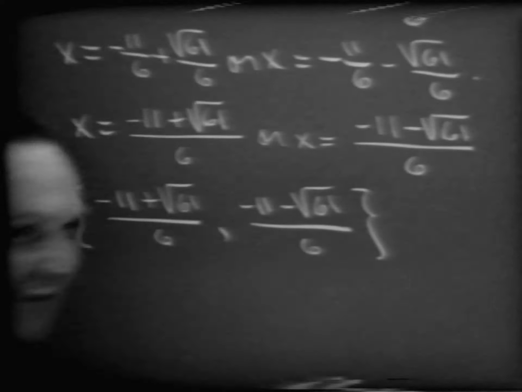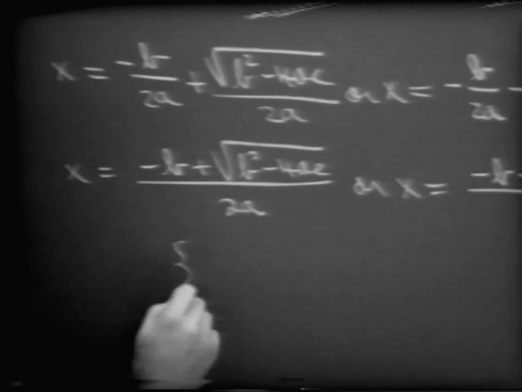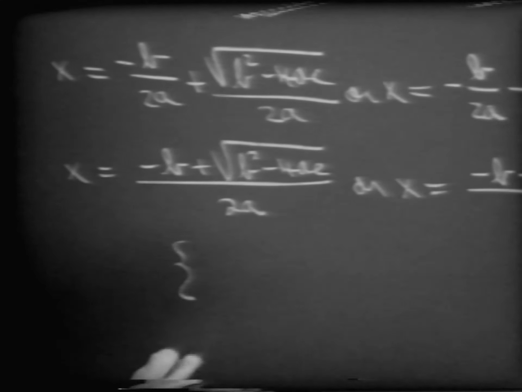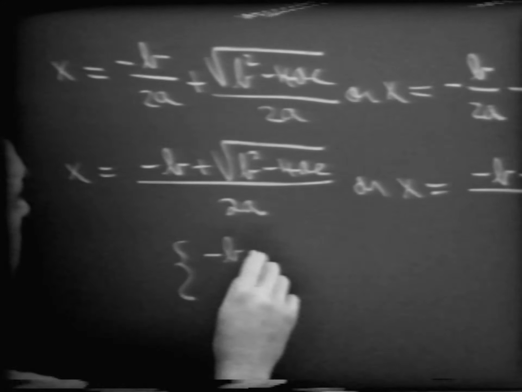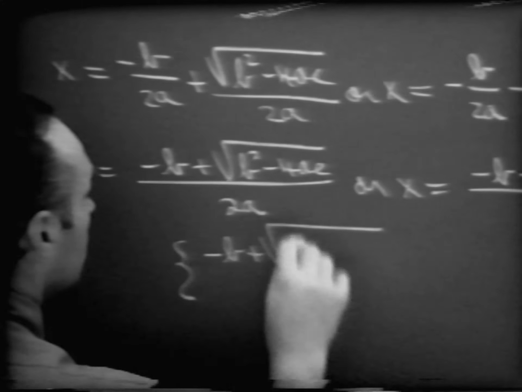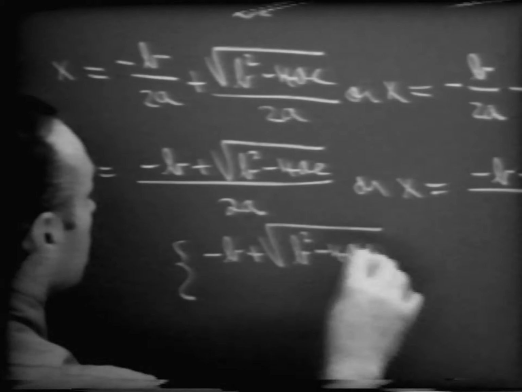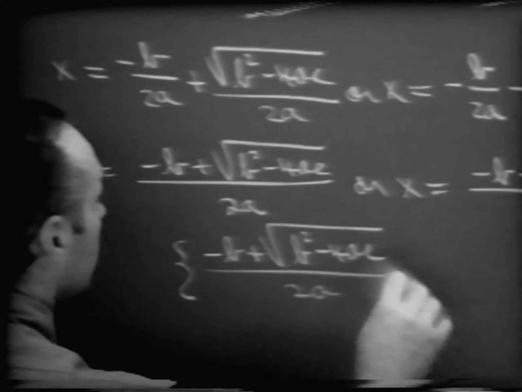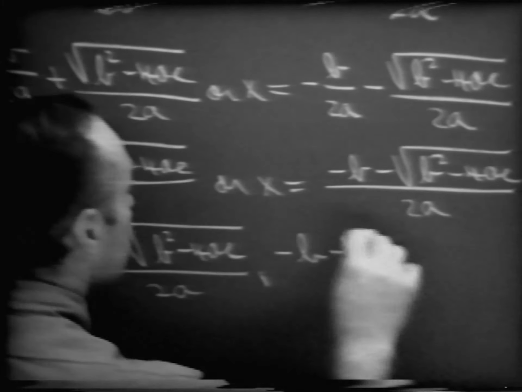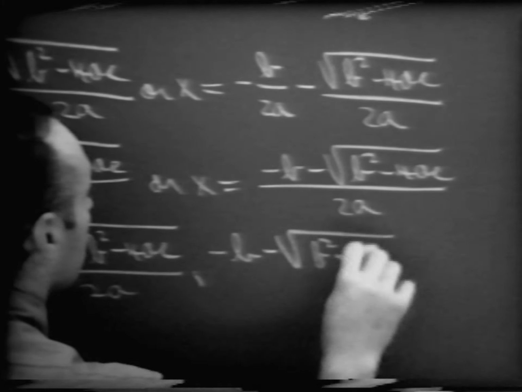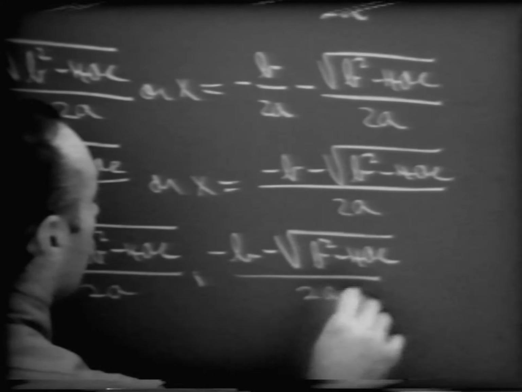Now, in our general case then, we may write a solution set over the set of all real numbers as what are the elements of this set? And the first element is right here, which is what? The opposite of b plus the square root of b squared minus 4ac all over 2a, comma, and the other element is the opposite of b minus the square root of b squared minus 4ac all over 2a.